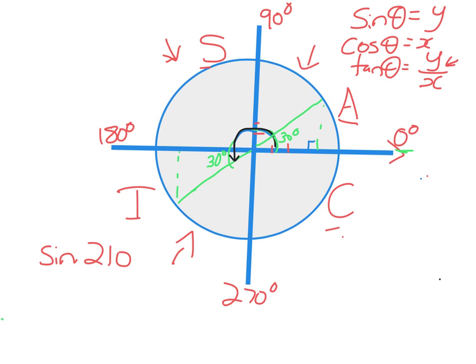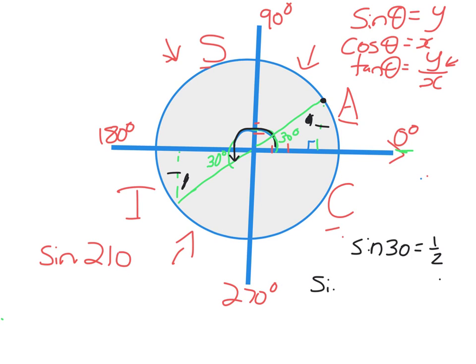We went through that before. I know that the y-coordinate of this point is a half. So sine 30 equals a half. Because this triangle here and this triangle here are congruent, corresponding sides of congruent triangles, this distance and this distance must be the same.